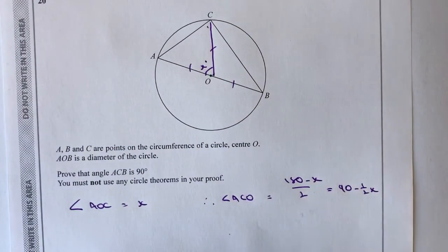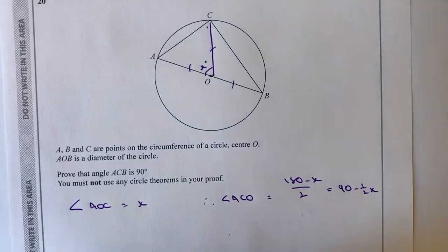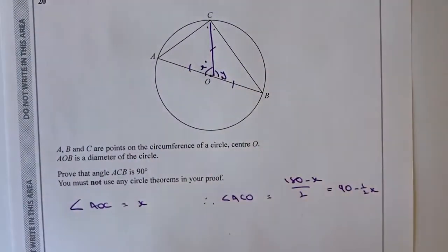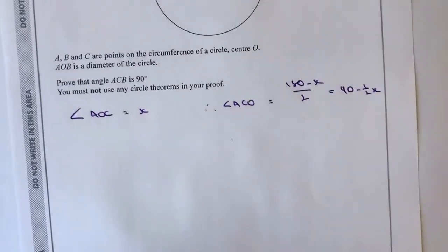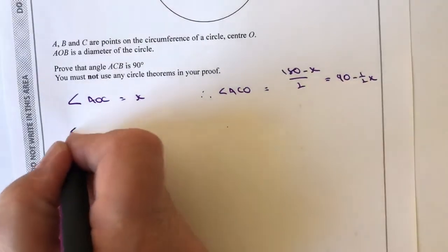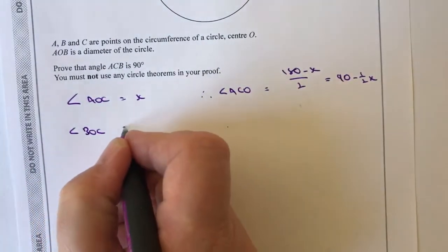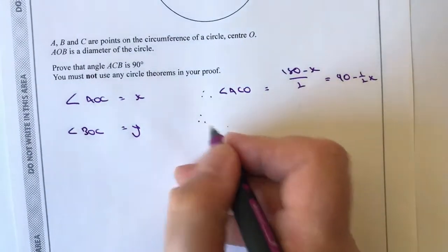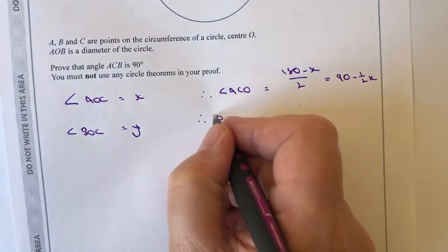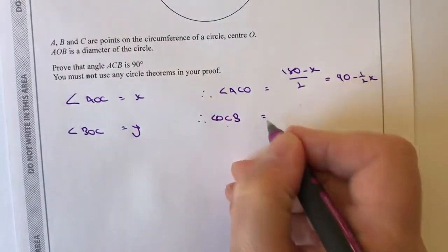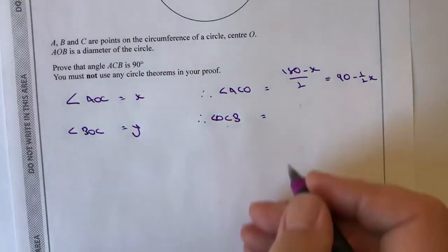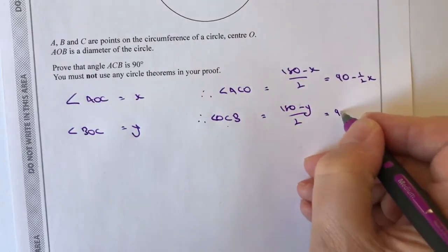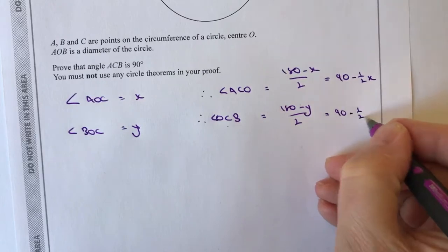We're going to do exactly the same with the other triangle, but this time we're going to say that this is equal to y. Again, I'm going to look for that angle at the top there. So what I would put is something along the lines of angle BOC equals y, which is the one that I just put in. Therefore angle OCB is going to be exactly the same: 180 minus y divided by 2, so it's going to be 90 minus a half of y.